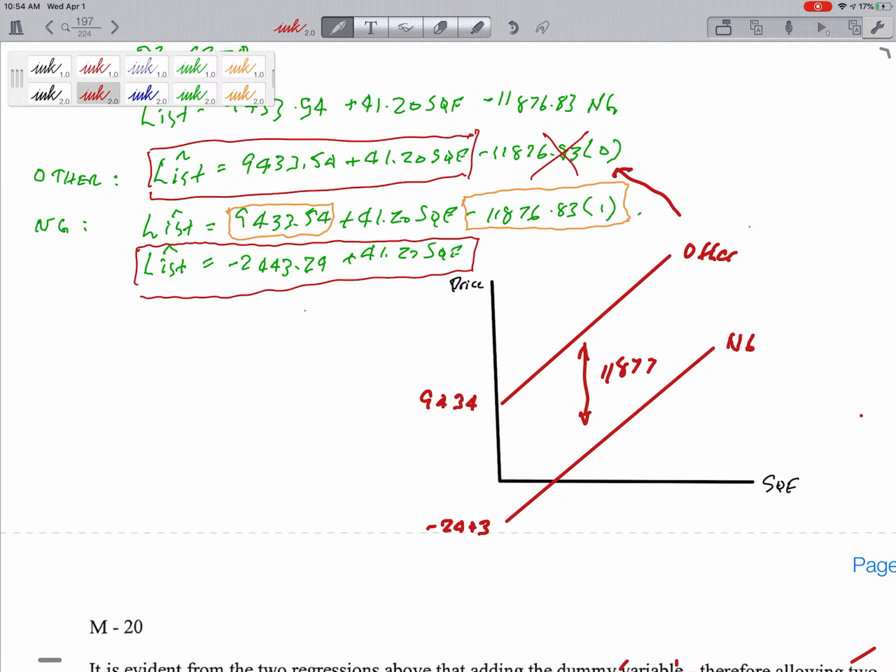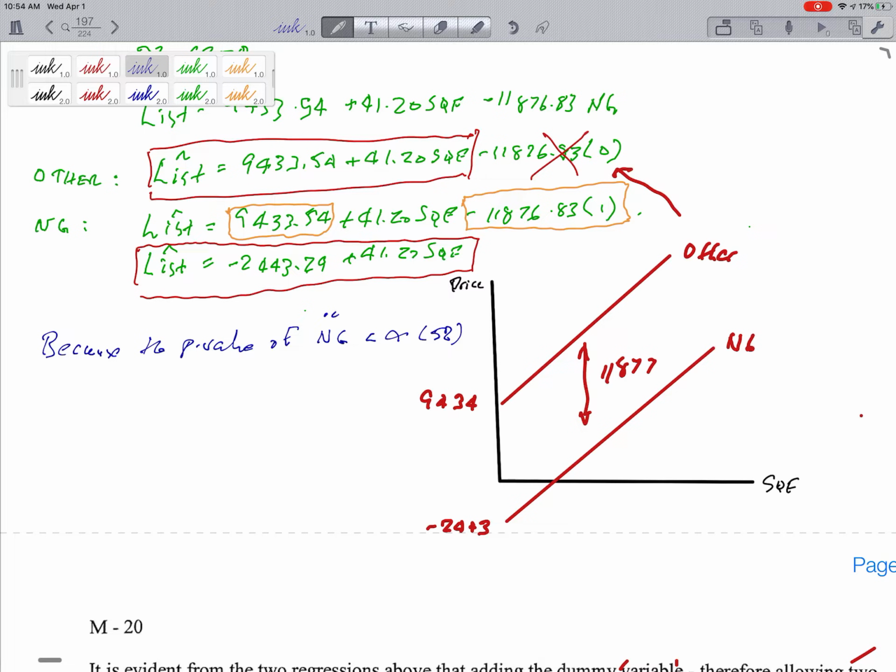Let me summarize that last statement. Because the p-value of NG is less than your alpha of 5%, it was about 0.01.